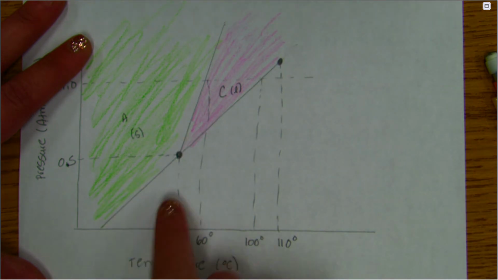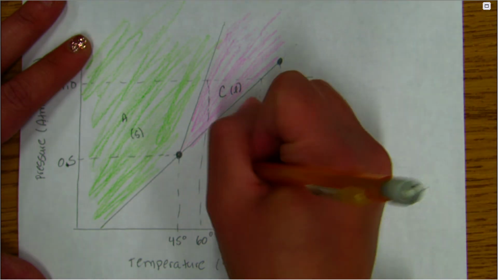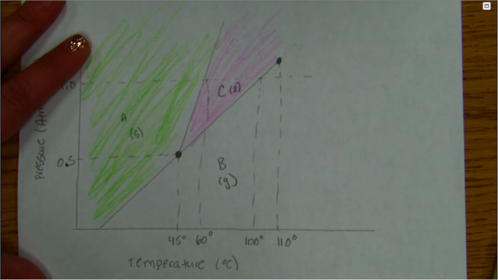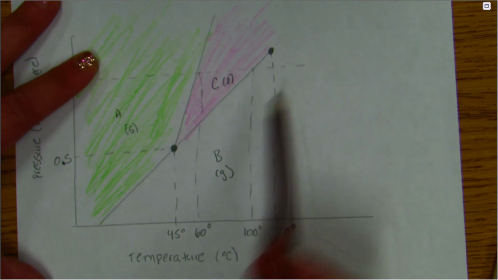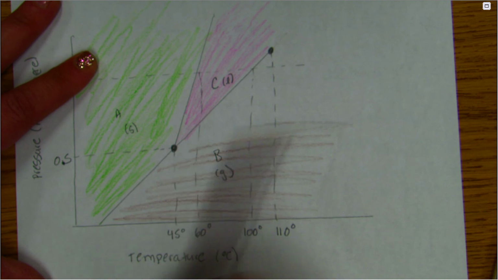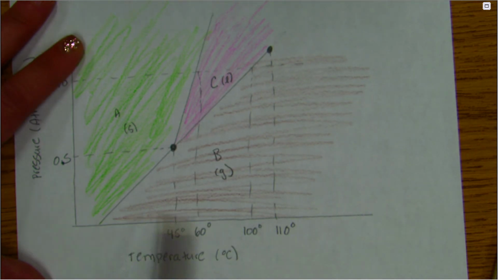And then down here, this substance in section B is going to be a gas. I'm going to go with brown. Trying to choose colors here that if you are colorblind, you can still see. All right, so hopefully these colors show up for you.